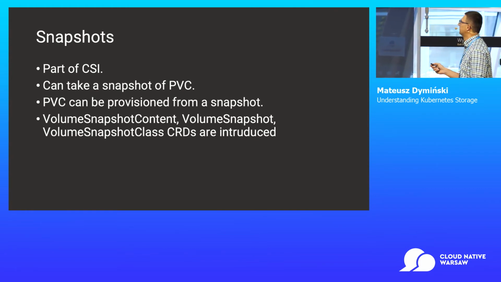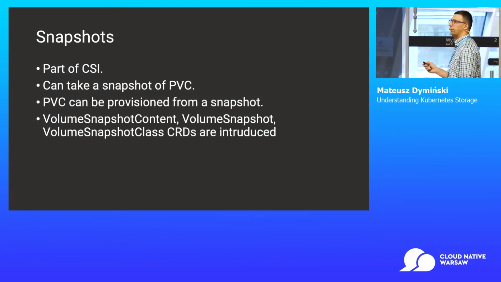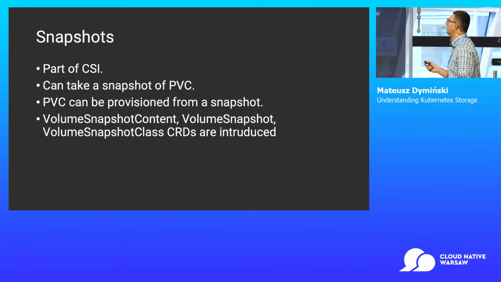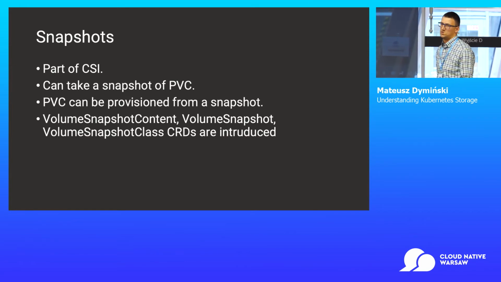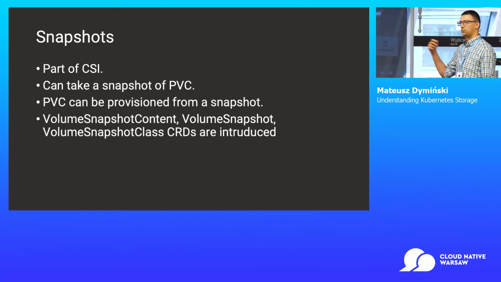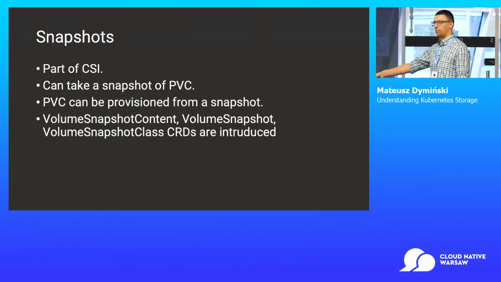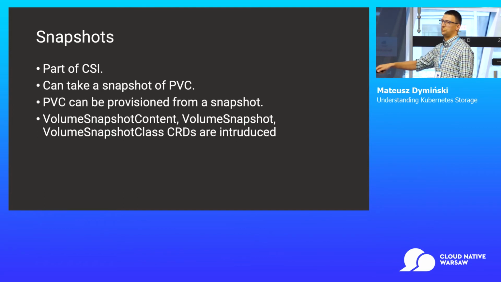You can imagine that volume snapshot content is a persistent volume, volume snapshot is a PersistentVolumeClaim, and volume snapshot class is a storage class. And it works in the same way: it's going to call, for example, Amazon: okay, please give me the snapshot.